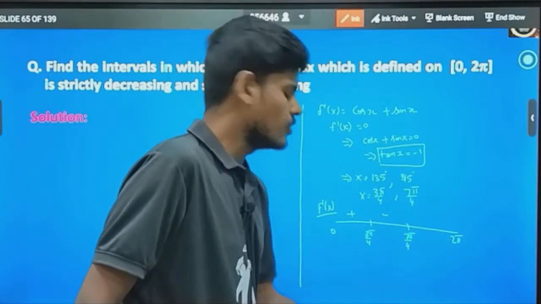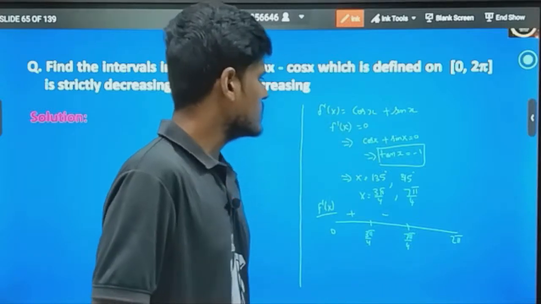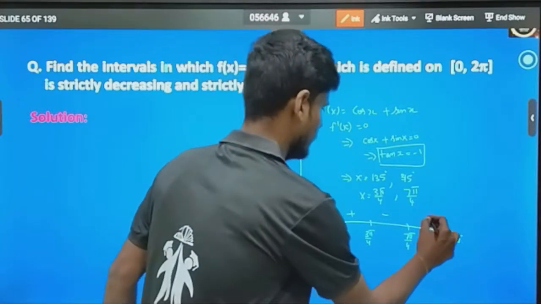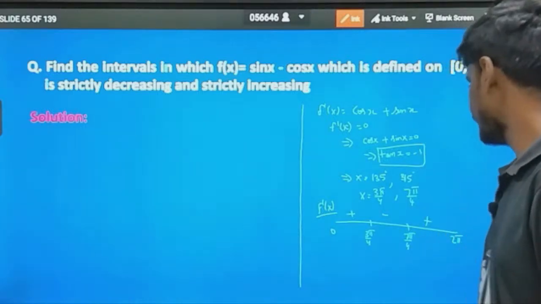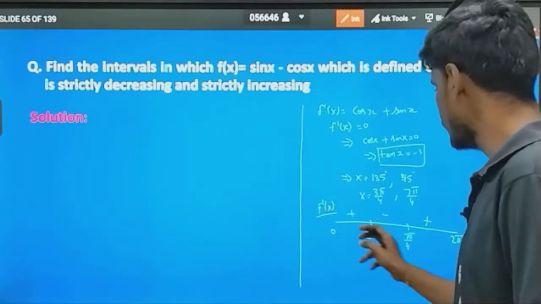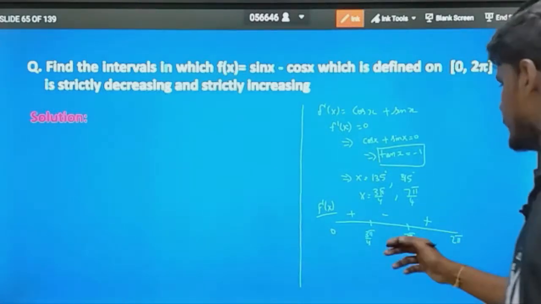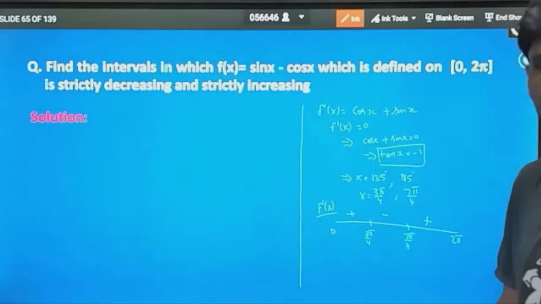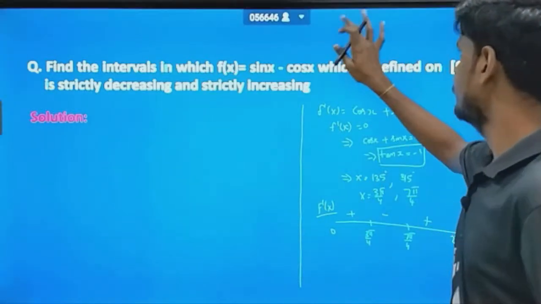Between 7 pi by 4 to 2 pi, again sin is negative, cos is positive, so it will be a positive value. So what is the answer, students? f of x is increasing in the interval 0 to 3 pi by 4 and 7 pi by 4 to 2 pi, and it is decreasing in the interval 3 pi by 4 to 7 pi by 4. This is how we should solve these questions.